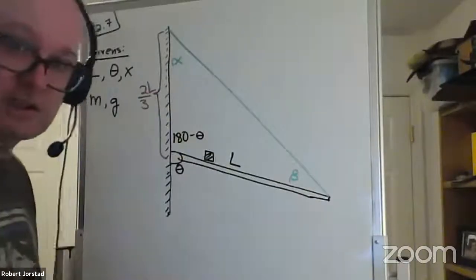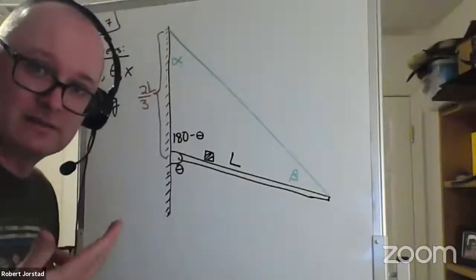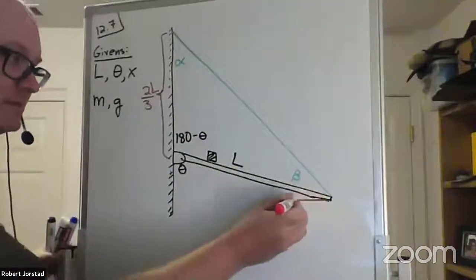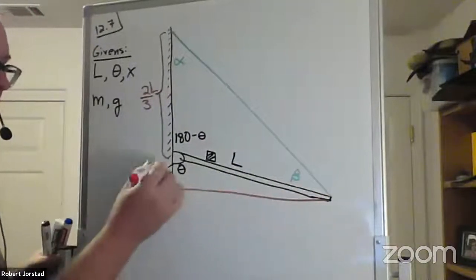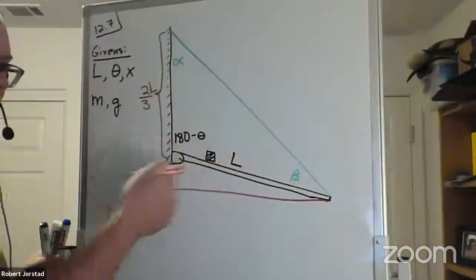The sum of torques? No. Okay, in the interest of time, I'm going to show you the trick. We are good at right triangles, not oblique. Make this a right triangle. Boom. What is this side? Well, this is L cos theta.